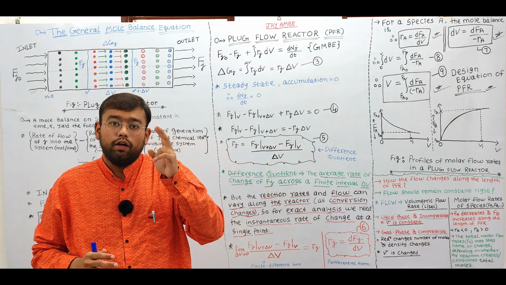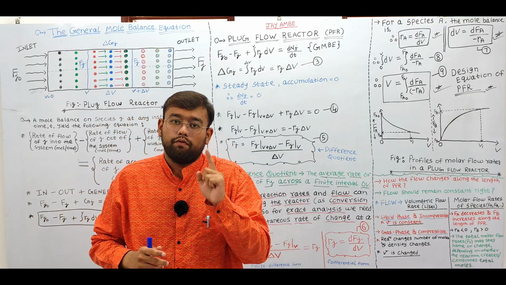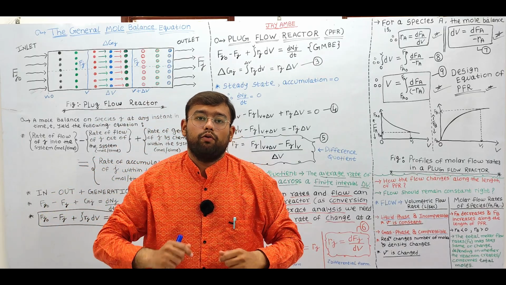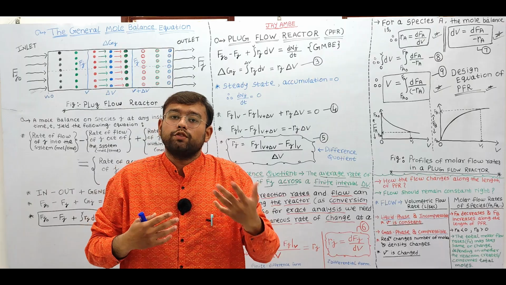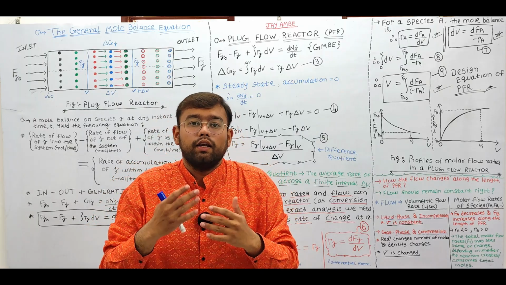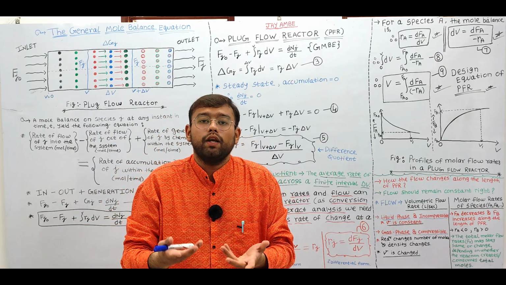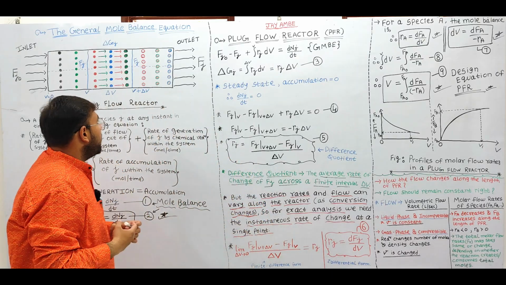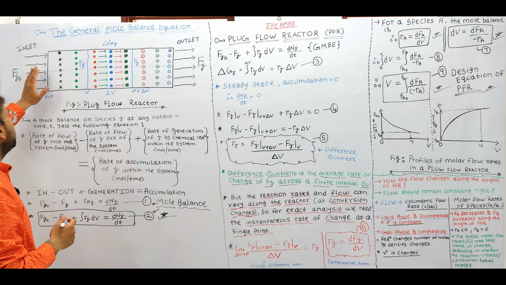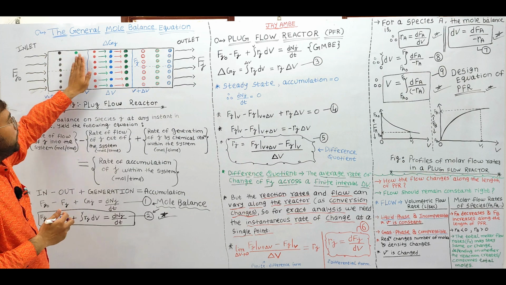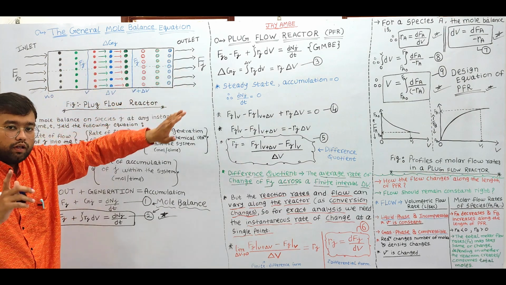So we have two flows. First is the volumetric flow rate, so we'll understand that. Volumetric flow rate has units like liters per second or liters per minute. For example, 10 liters per minute of fluid is flowing through the entire length and volume of the reactor.